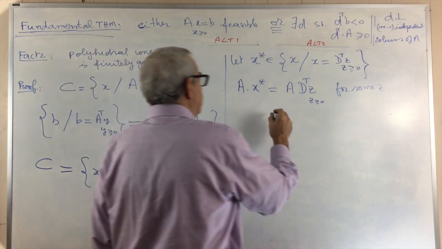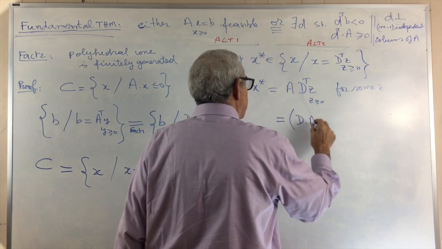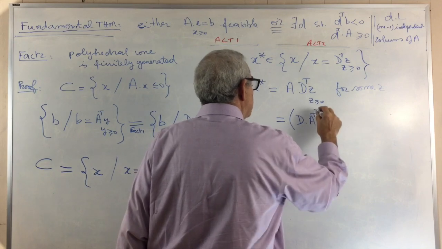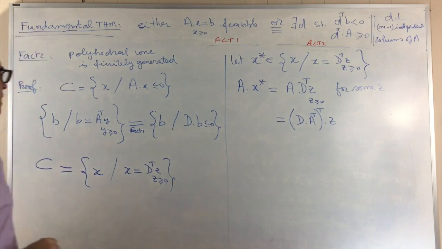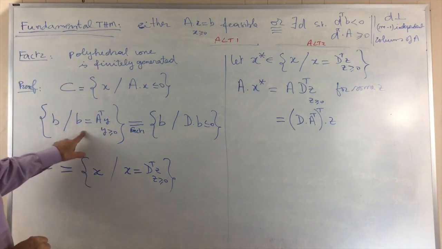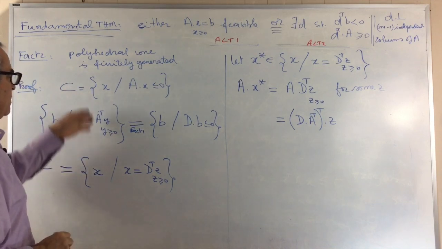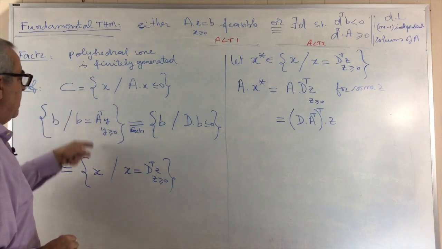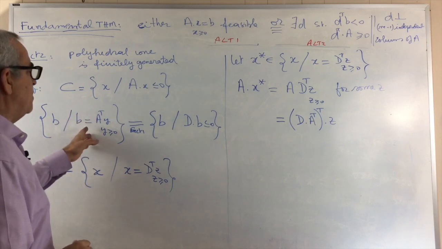And I'm going to rewrite it in a different way. I'm going to write it as D times A transpose times Z. Now let's go back to here. This cone is generated by the columns of A transpose, right? So every column of A transpose is a ray in this cone, so it belongs to the cone.